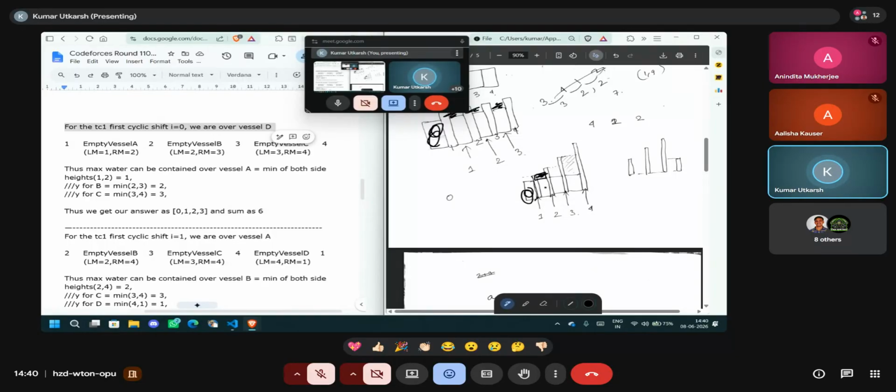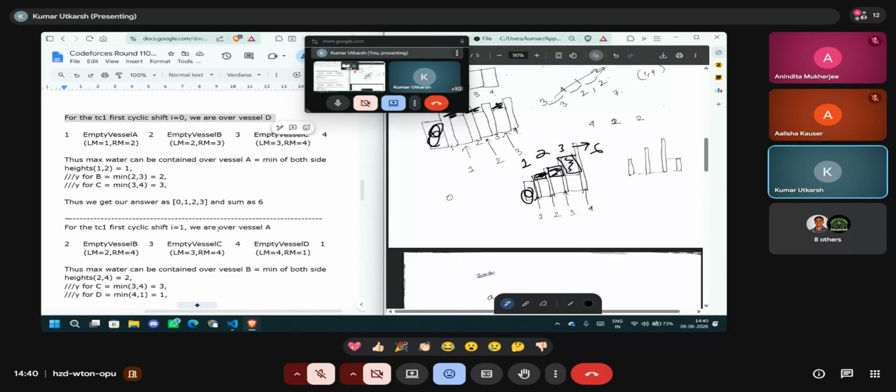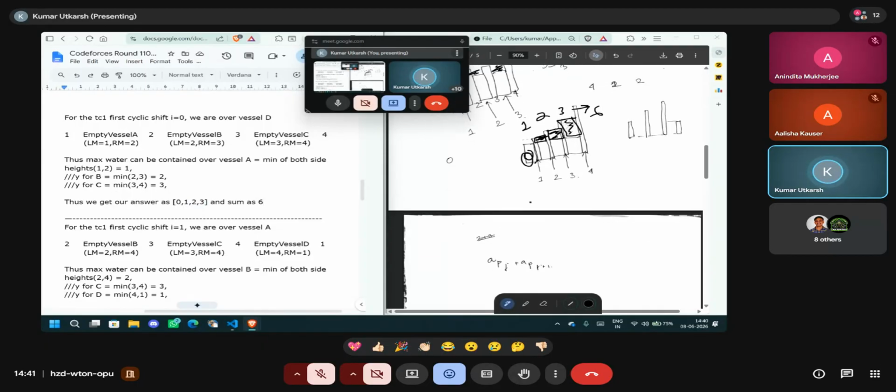So between 1 and 2, the minimum is 1, so it will be water of height 1. Again, between 2 and 3, it will be water of height 2. And between 3 and 4, it will be a height of 3. So the total water we have trapped is 1, 2, 3, which is 6, right?